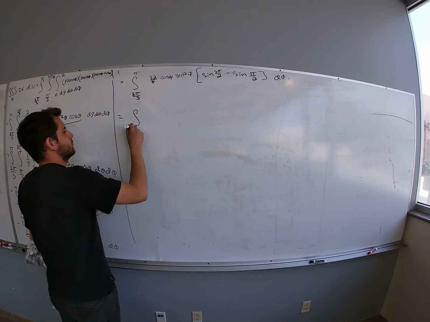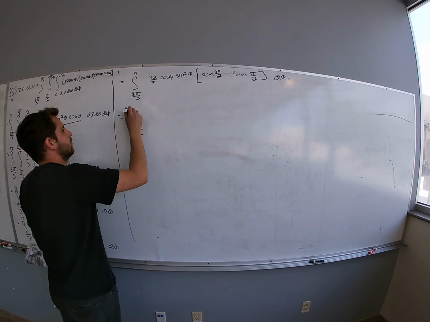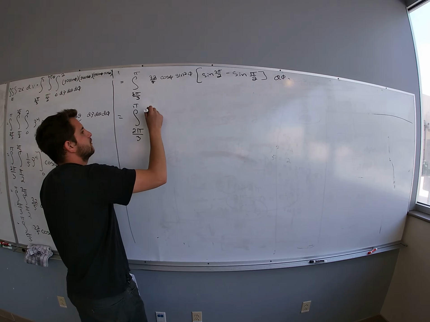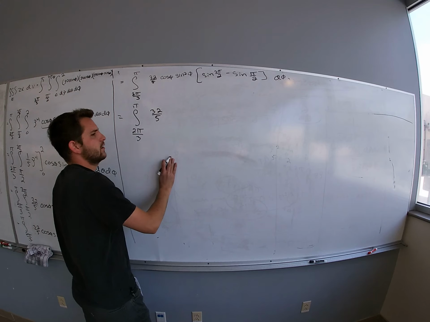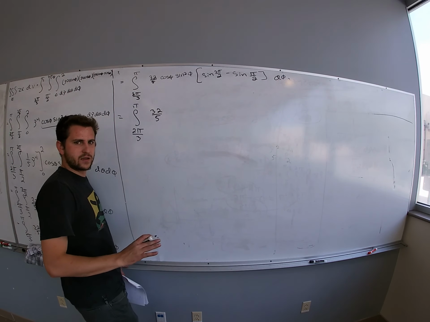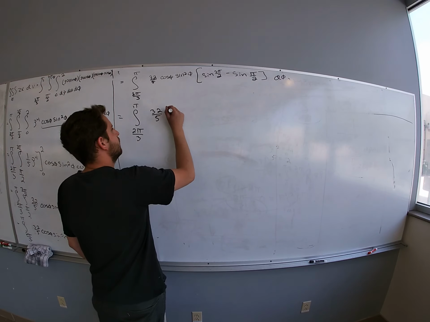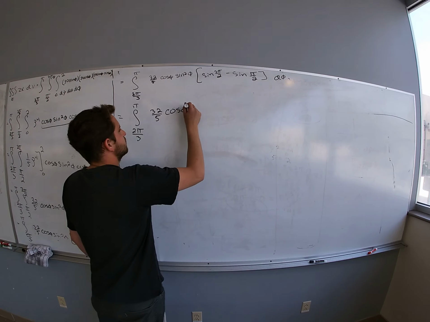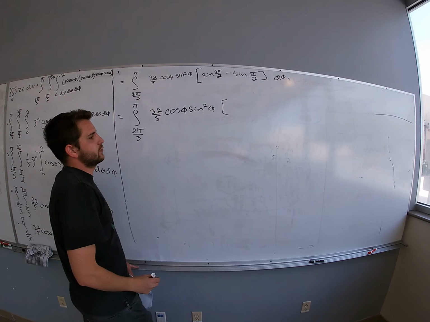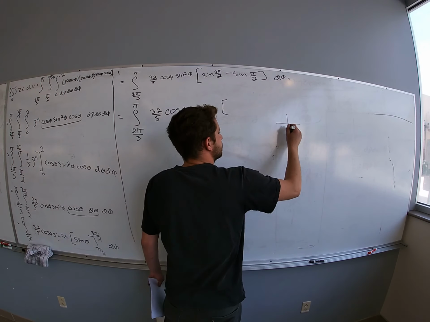Equals integral from 2 pi over 3 to pi. What does this give me? 32 over 5. Sorry, I know some of you guys can just skip all these steps in your head, but I like to make sure that I make no mistakes. So I go through every single bit. Cosine of phi, sine squared of phi. Sine of 3 pi over 2. This is 3 pi over 2, right?